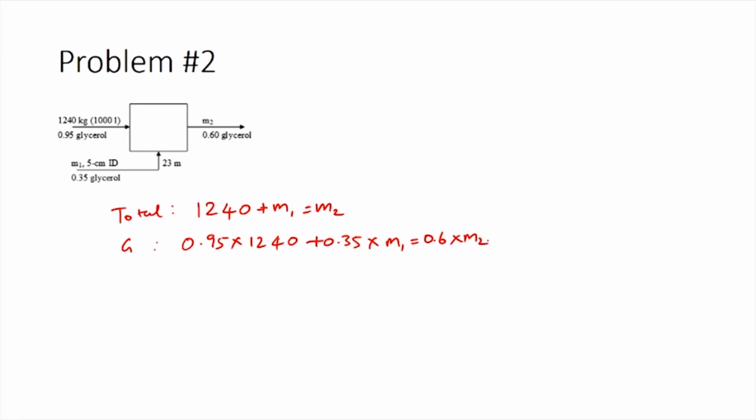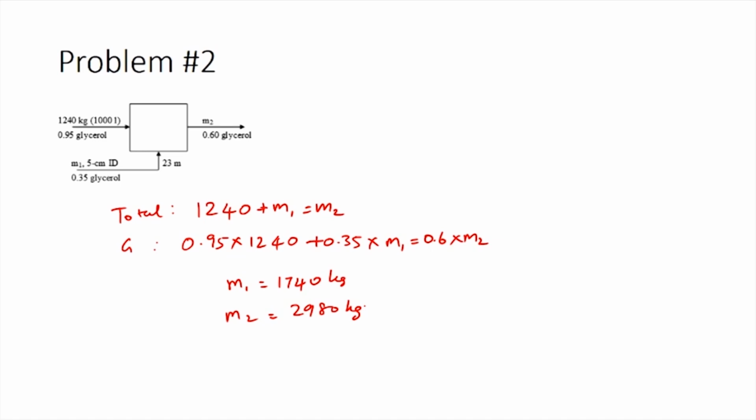So, you have two equations and two unknowns, and you can solve for M1 and M2. The value for M1 is equal to 1740 kilograms and the value for M2 is equal to 2980 kilograms.